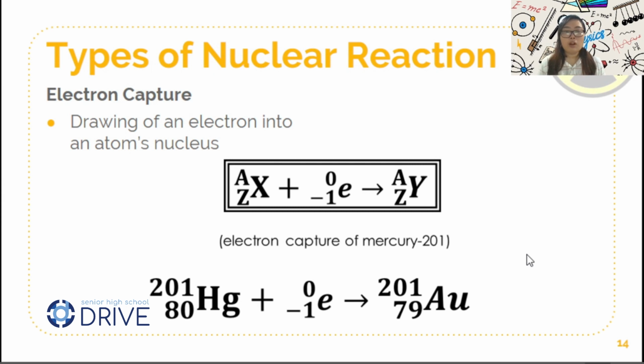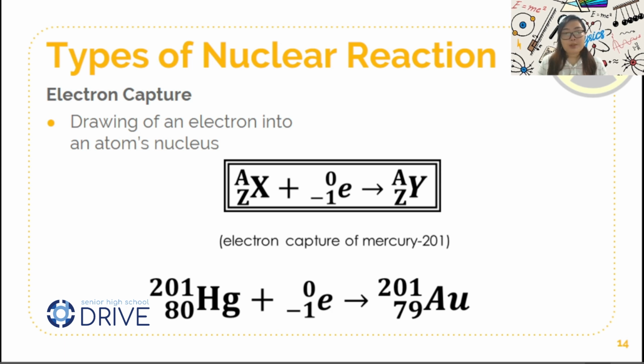And then we also have electron capture. Now, in electron capture, this happens when usually the nearest electron to the nucleus is captured by the nucleus. Okay? So, what happens here? When an electron enters the nucleus, because of its high energy, it combines with a proton to become a neutron. Okay?